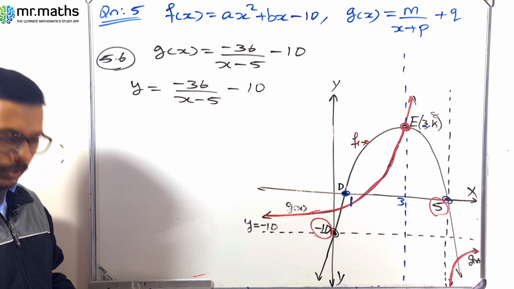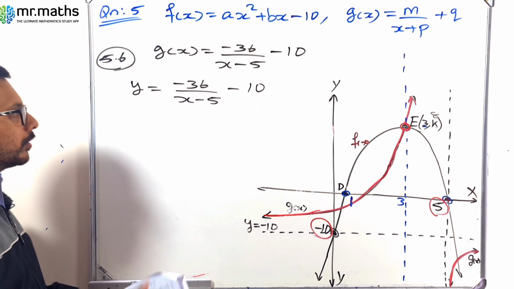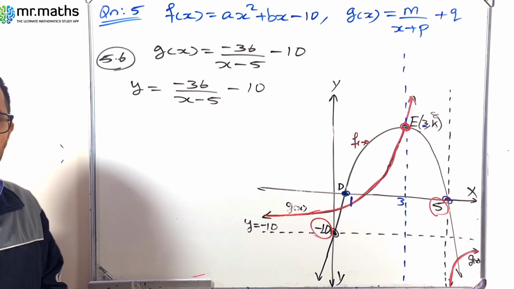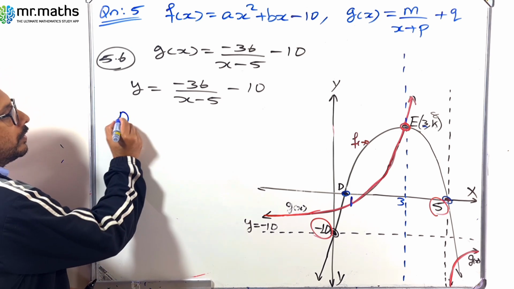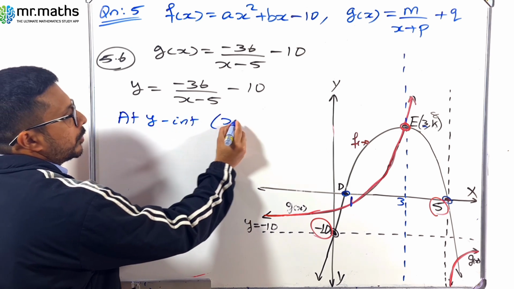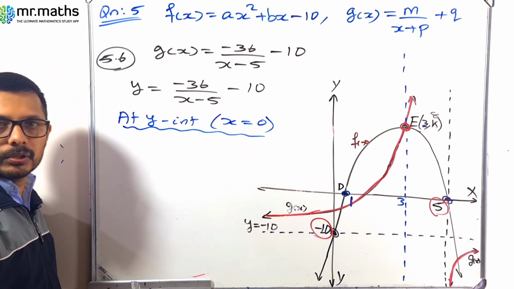Now what is the question? 5.6. Calculate the y-intercept. So you know y-intercept, at y-intercept what is the x value? 0. So we have to find the y-intercept. You know that the x value is 0. So substitute the x value as 0 here.